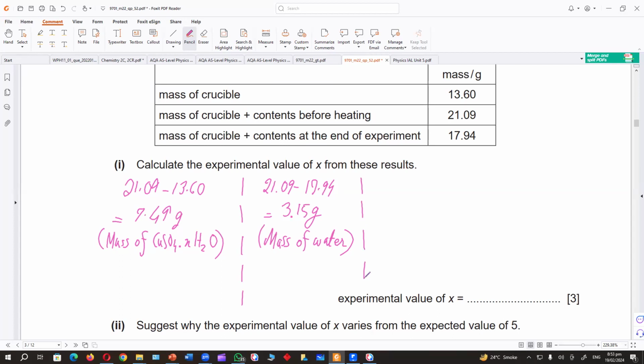What about the mass of copper sulfate? If I subtract 3.15 from 7.49, you have to subtract that, it will be 4.34.